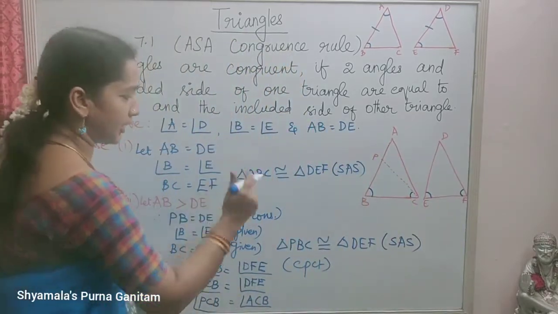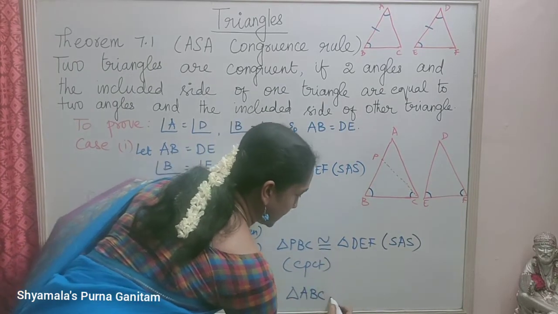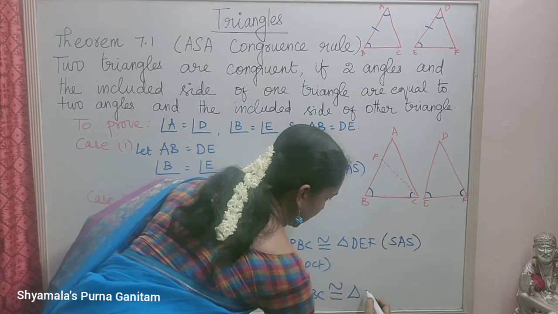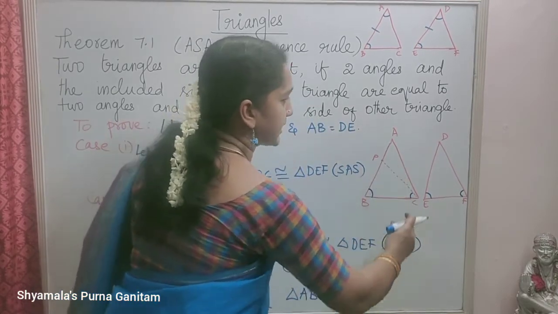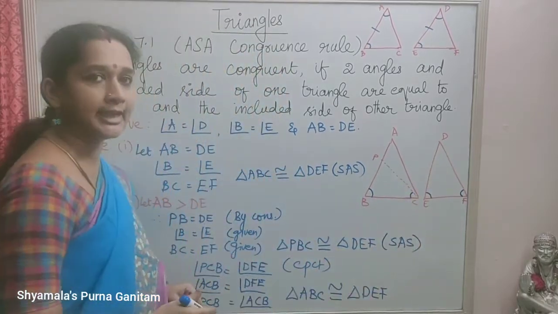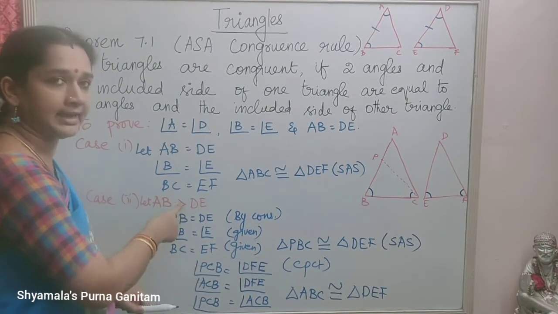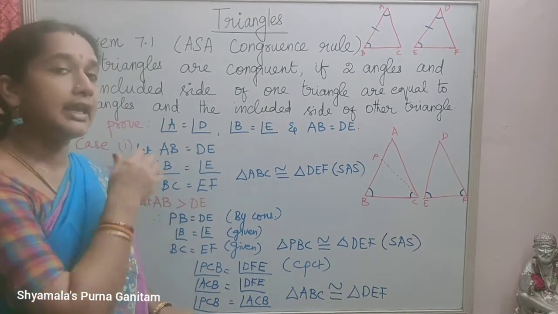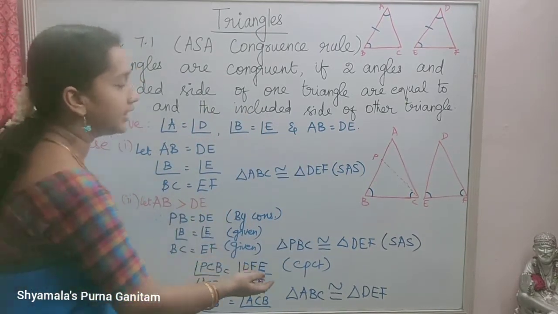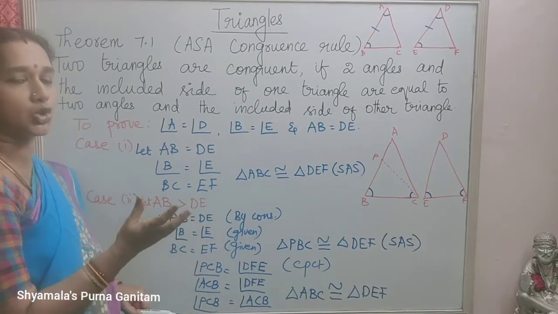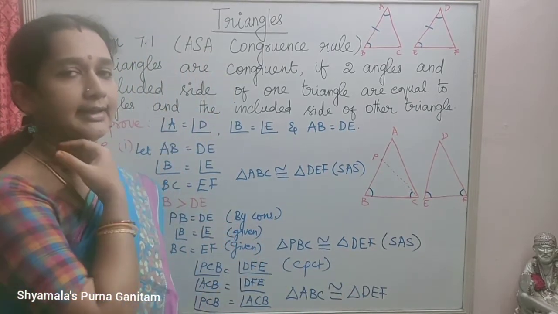So we have proved that triangle ABC is congruent to triangle DEF. In the same way, like how we have taken AB greater than DE, we can take AB less than DE, and in the same way we can prove case 3 also, that ABC is congruent to triangle DEF.